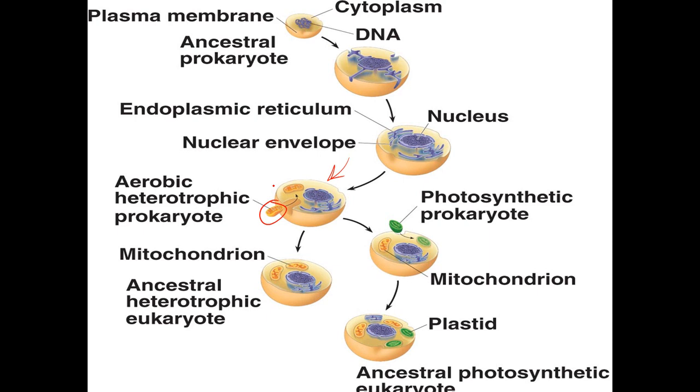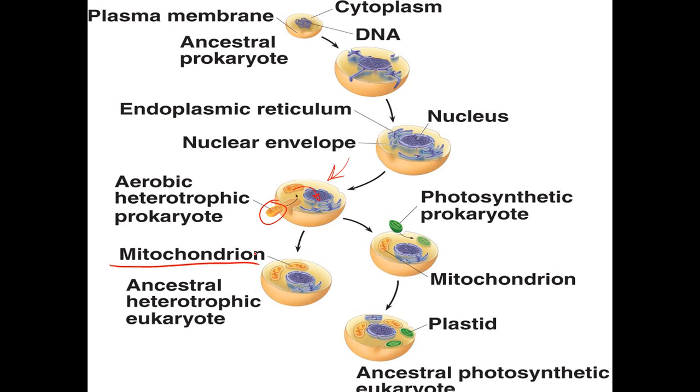Now, for whatever reason, it did not digest or break down that little prokaryote, and that little prokaryote took up residence inside the larger cell. Now, remember, it could do cellular respiration and produce ATP for the cell. Over time, some of the genes from this little prokaryote were transferred to the nucleus. And so it no longer was an independent cell and became an organelle we know as the mitochondrion.